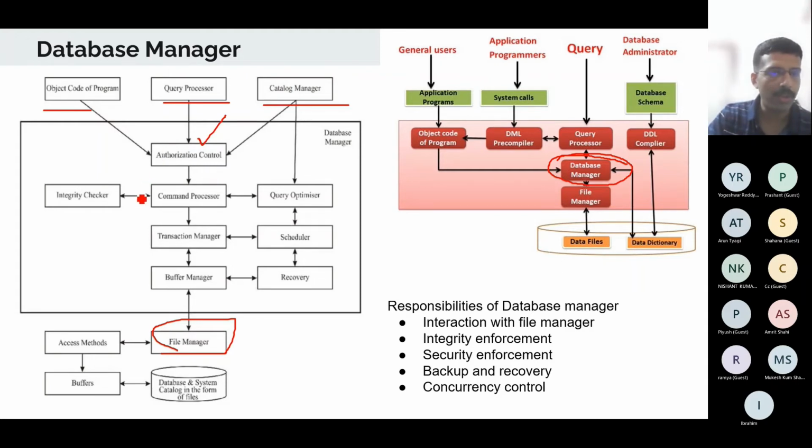Then another thing, the integrity checker, checks whether the data fits into the constraints. Then there is a command processor which, if I give a DDL command or DCL command, DQL command, will process it and decide what to do. Then there's a transaction manager.